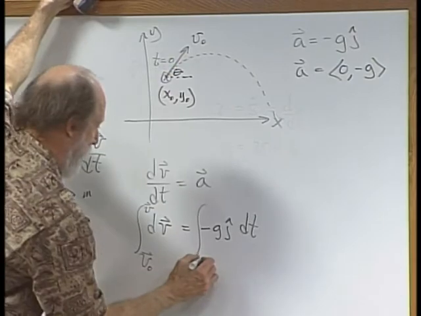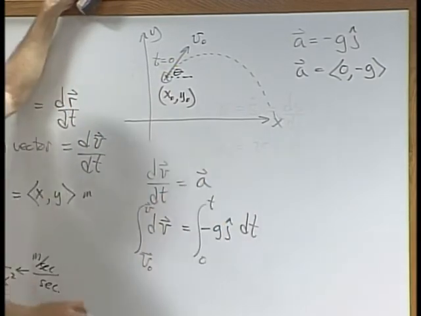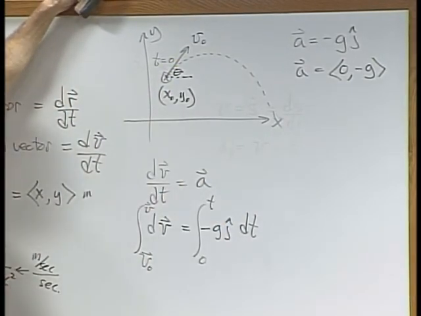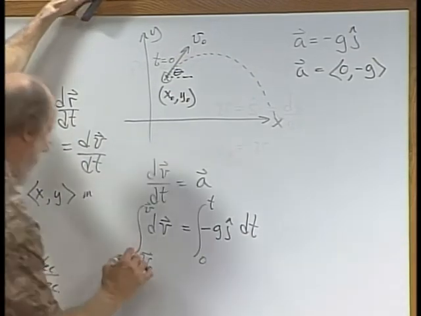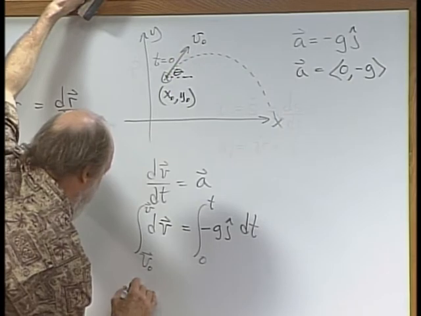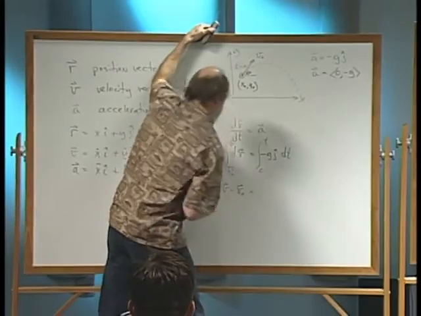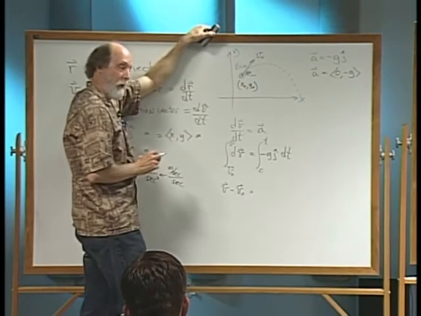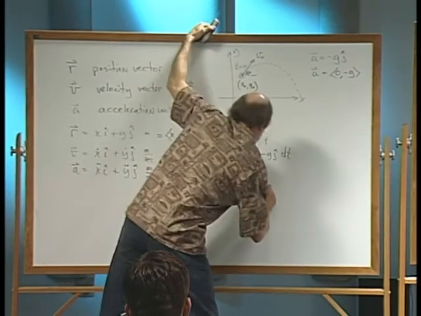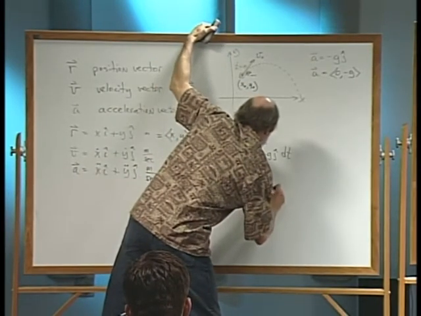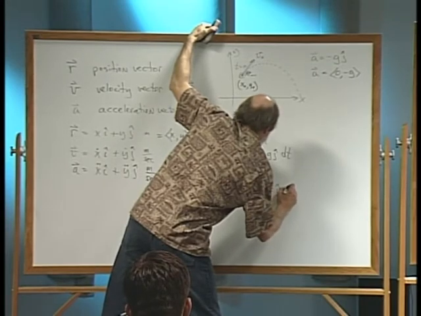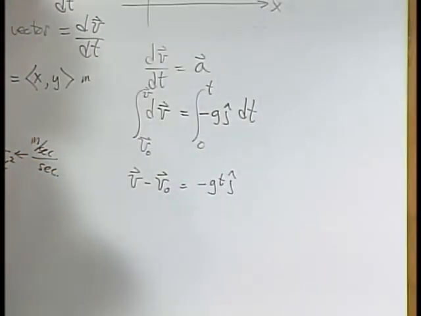And over here, we're going to integrate over time, 0 to time t. Feel good? So what we get coming out the door here is that v minus v naught, our change in velocity, is equal to minus gt j hat, right? That's it.